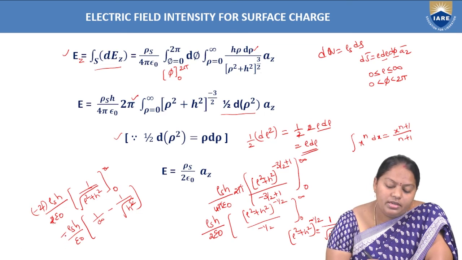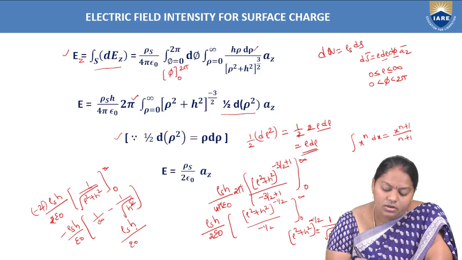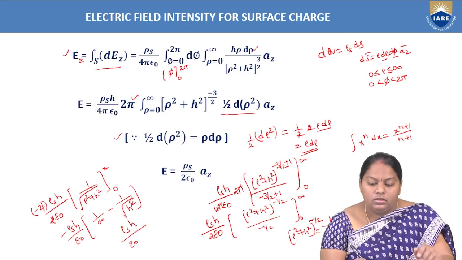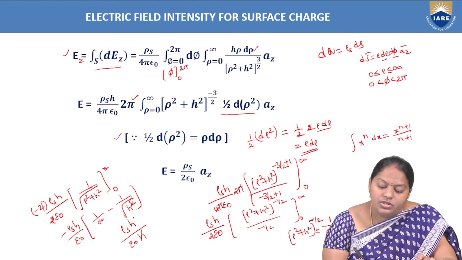So 0 minus, and already the negative is there, so minus of minus becomes plus, then rho_s h by epsilon naught into h. So h gets cancelled, giving rho_s by epsilon naught.